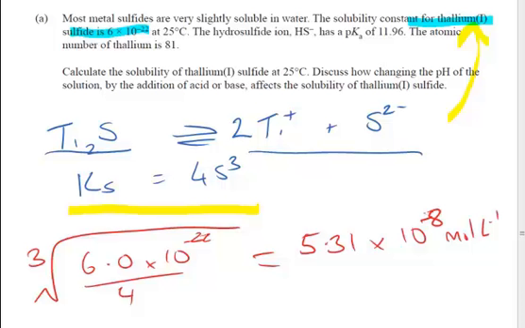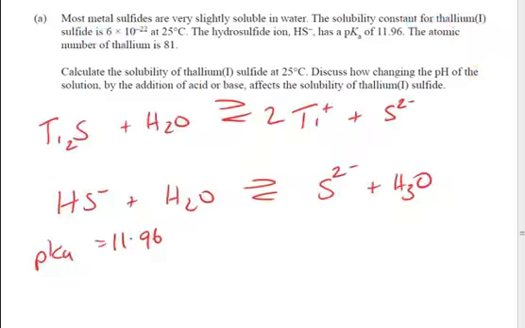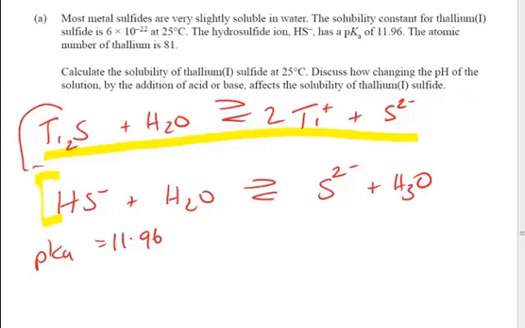Now we're asked to talk about how changing the pH of the solution by addition of an acid or base affects that solubility. Now there's some information to help us. Before we get started, we need to have a look at this.